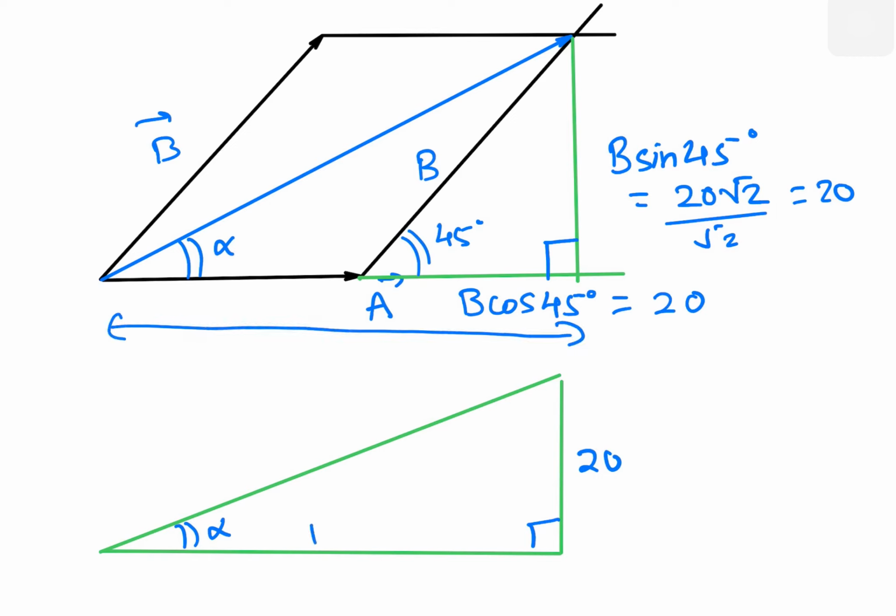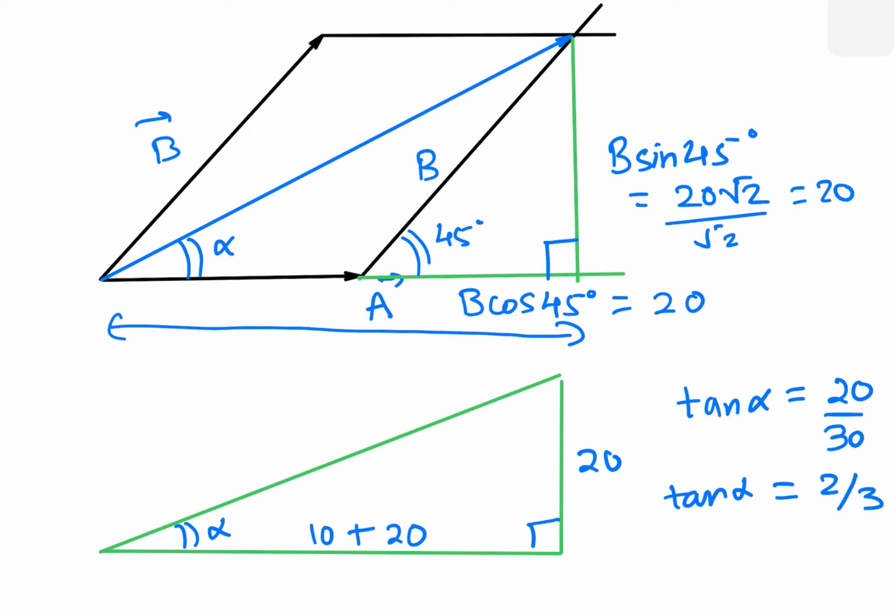So A is 10 plus B cos 45 degrees is 20. So then we can find the angle alpha. We can say that tan alpha is equal to 20 by 30, or tan alpha is equal to 2 by 3. So this way we have found the angle alpha.